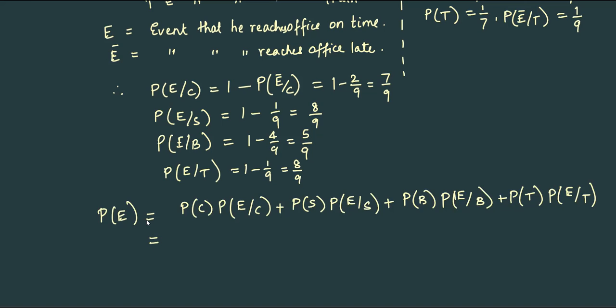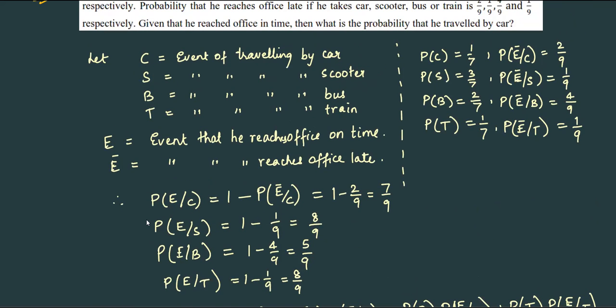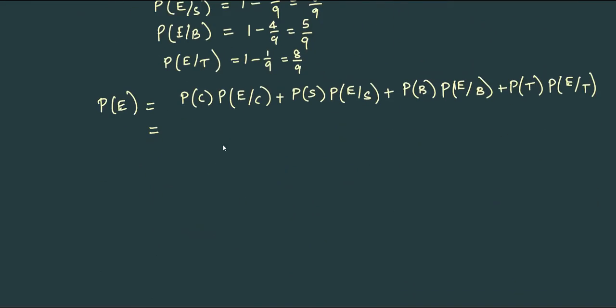So this is given the probabilities 1 by 7, 3 by 7, 2 by 7, 1 by 7.